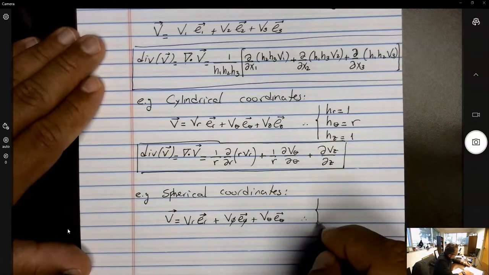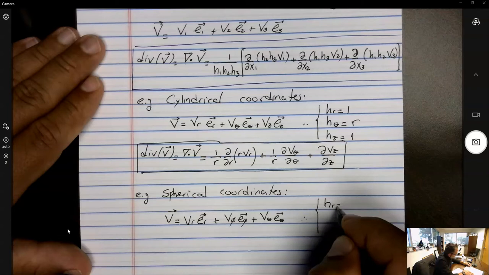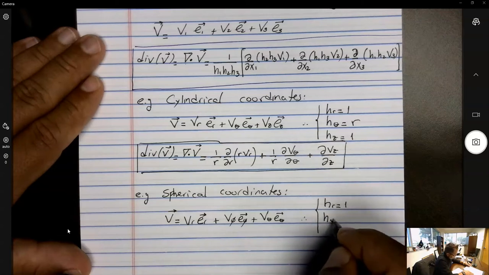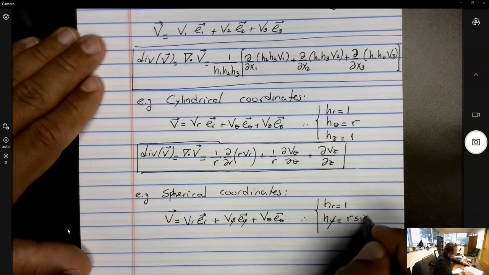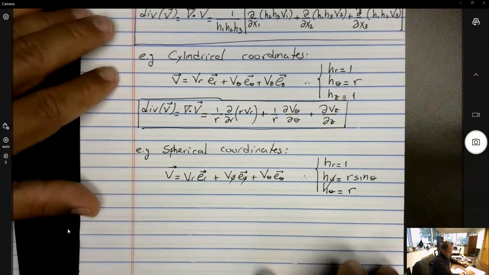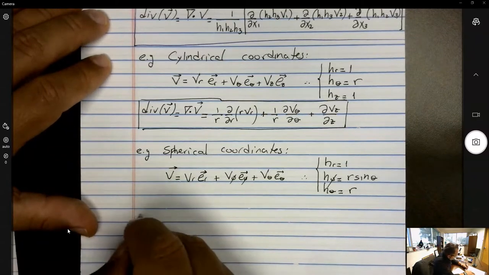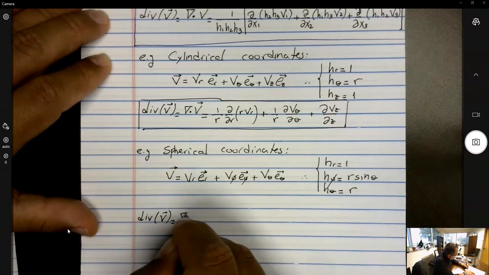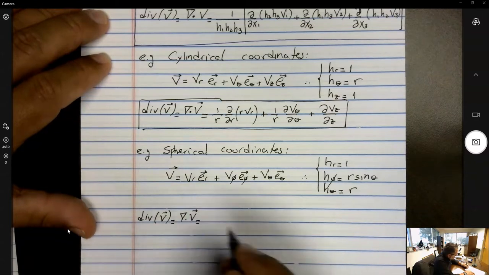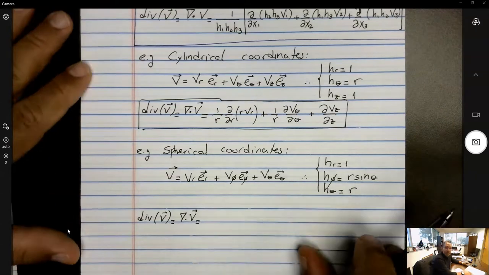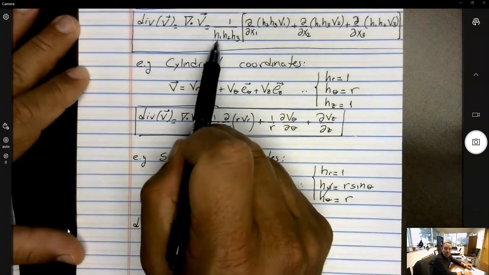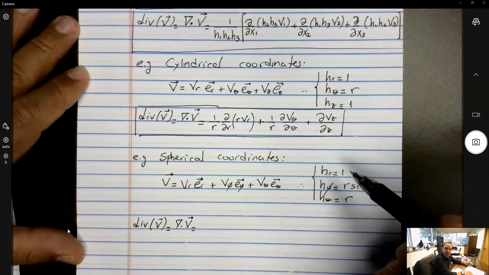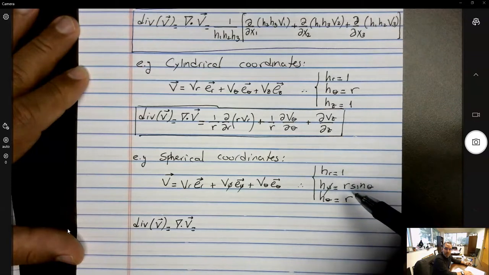And remember that the three scale factors are 1, R sine theta, and H theta is R. So the divergency, and this is going to be a little longer, so I'm going to squeeze it here, which is written as del dot V, is equal to, all right, so I'm going to go by this form. 1 over H1, H2, H3 is 1 over R squared sine of theta, right?